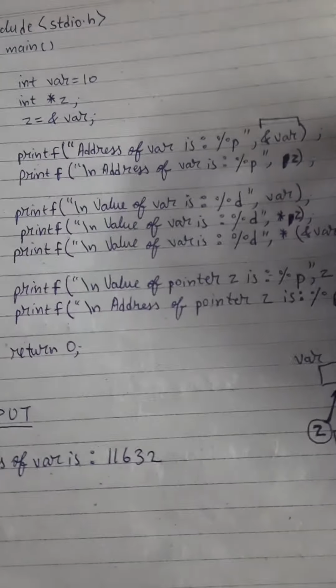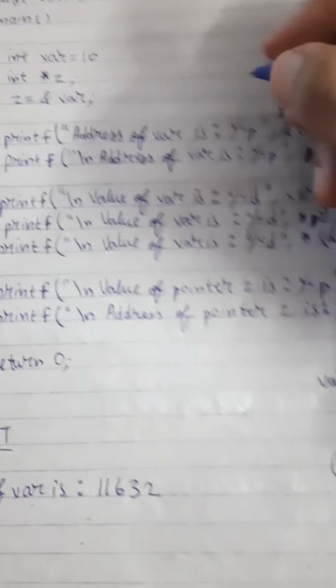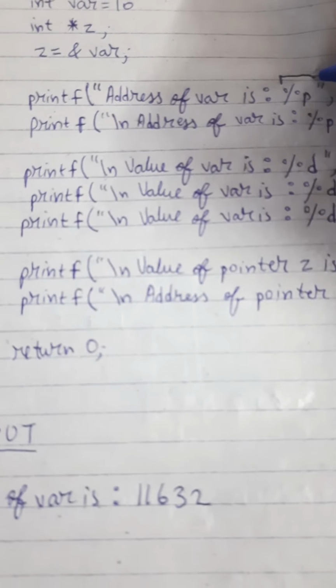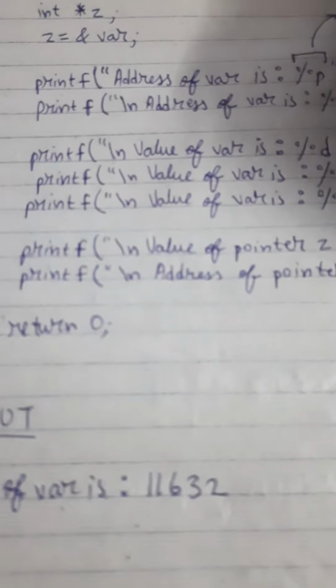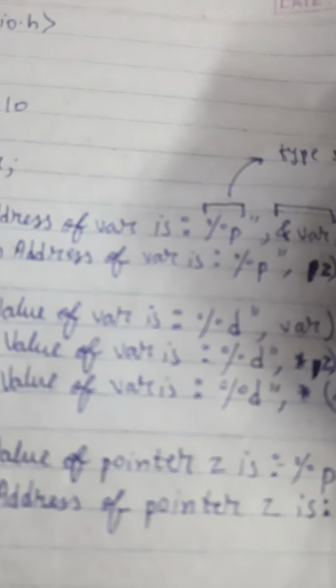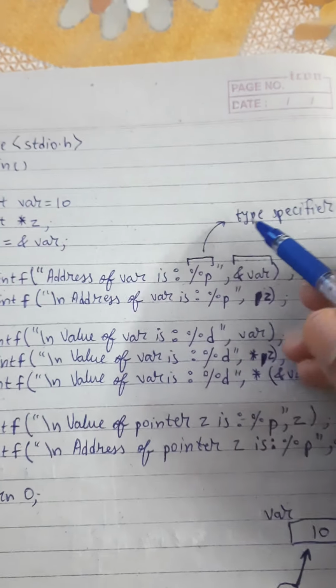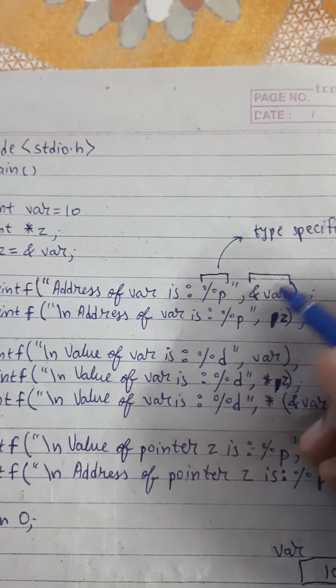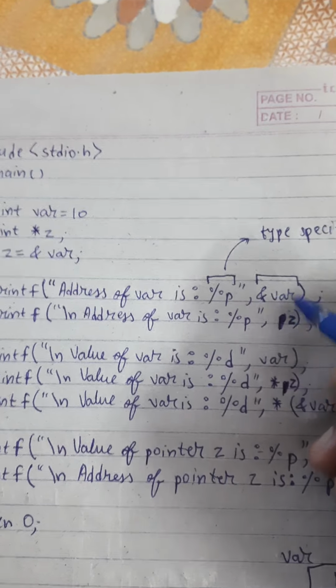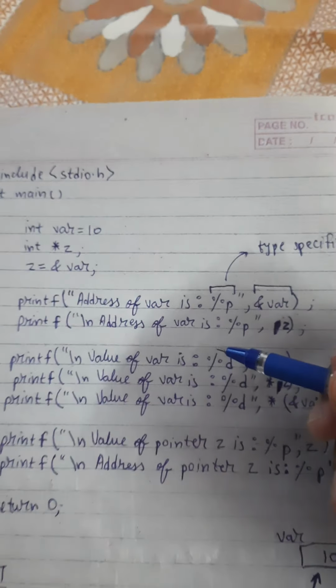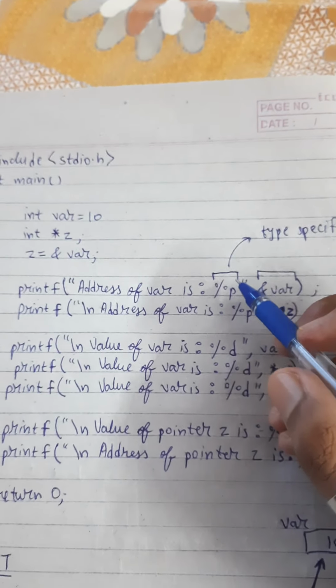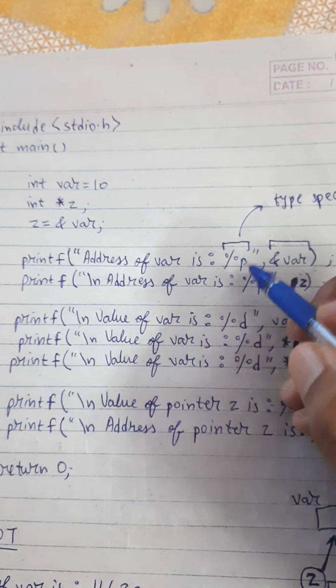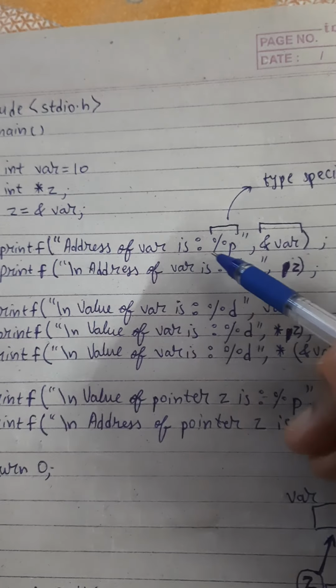Now one more thing that you need to notice: whenever we print an address, we mention what is known as a type specifier. Whenever we have an address and we want that address to get printed on our screen, we write the type specifier as %p.